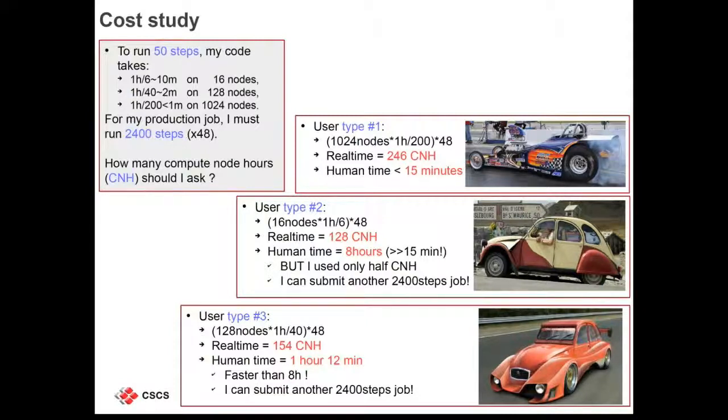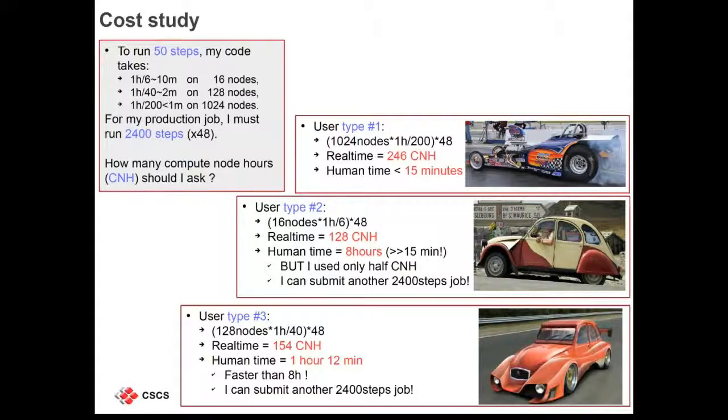And the answer is, it really depends on what kind of user you are. Let's say that you are a very impatient user and you don't want to wait. You want your simulation to run as fast as possible.